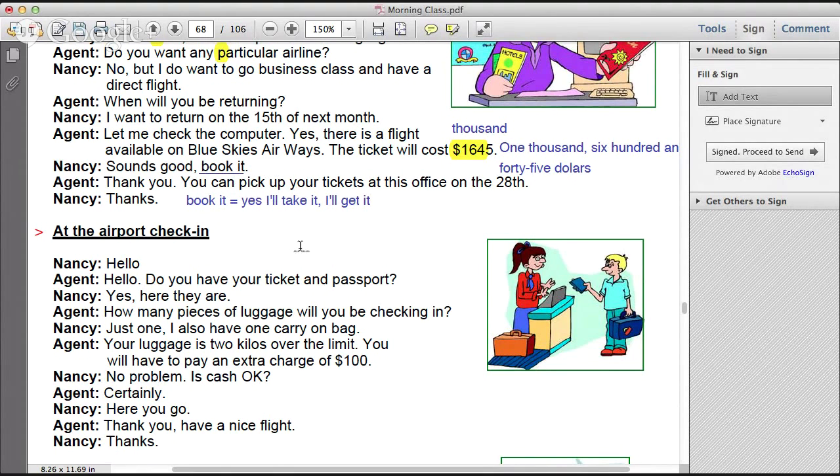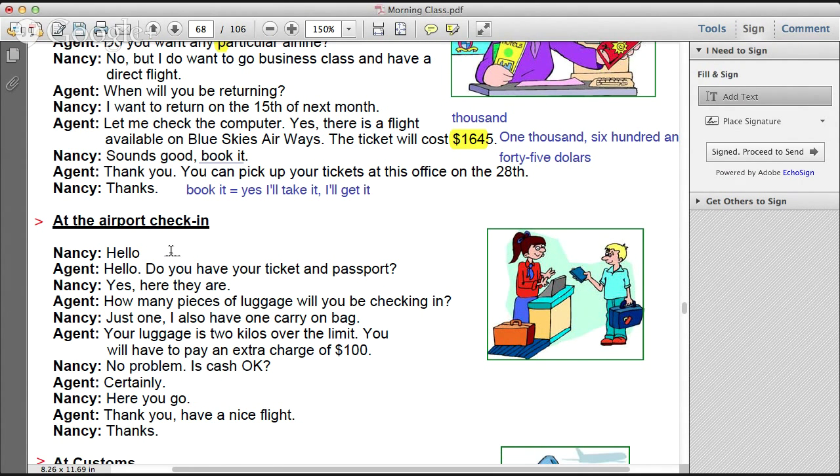But when we talk about tickets on a plane, a train or a boat, we usually use the verb book, to book something. Originally it would mean, yes, write my name down in the book. I will be on that flight. Okay, book it. All right, very good.